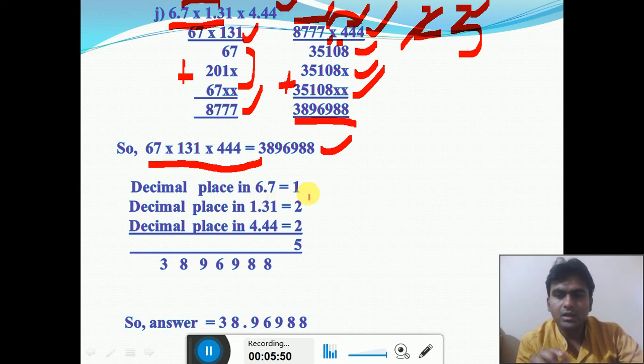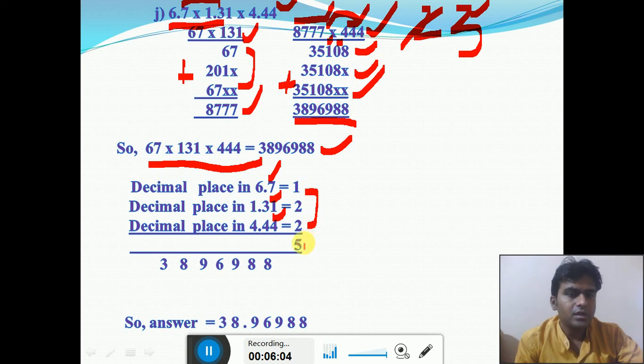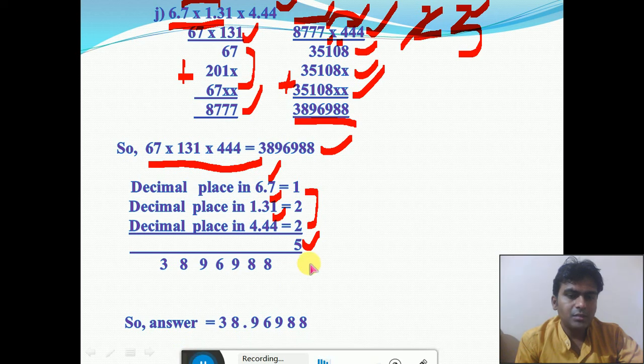So now what we will do here, we will find out the decimal places where we have to put the decimal point. In the first number 6.7, the decimal place is after 1, in the second after 2, and in the third number after 2 places. So total 1 plus 2 is 3, plus 2 is 5, total after 5 places. So from the right side we will put the decimal point after 5 places.